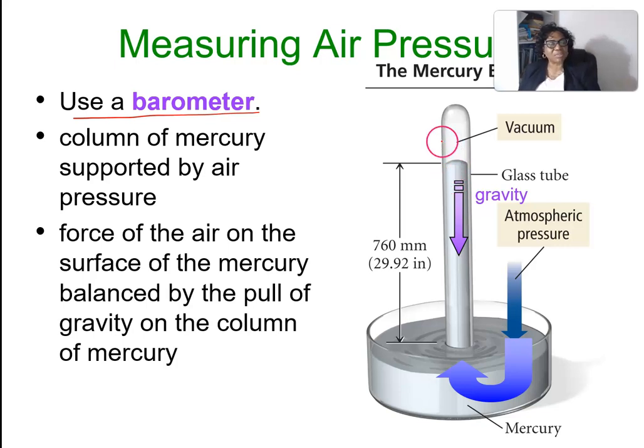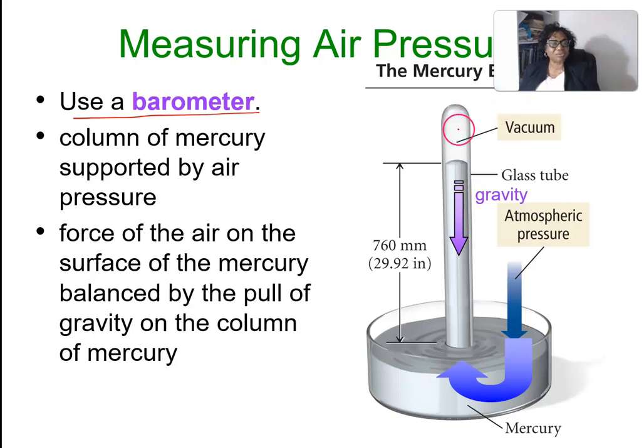So what happens is that if you fill this tube with mercury, then you invert it and put it in a dish that contains mercury. The mercury will come down, the gravity will pull it down to match the atmospheric pressure.